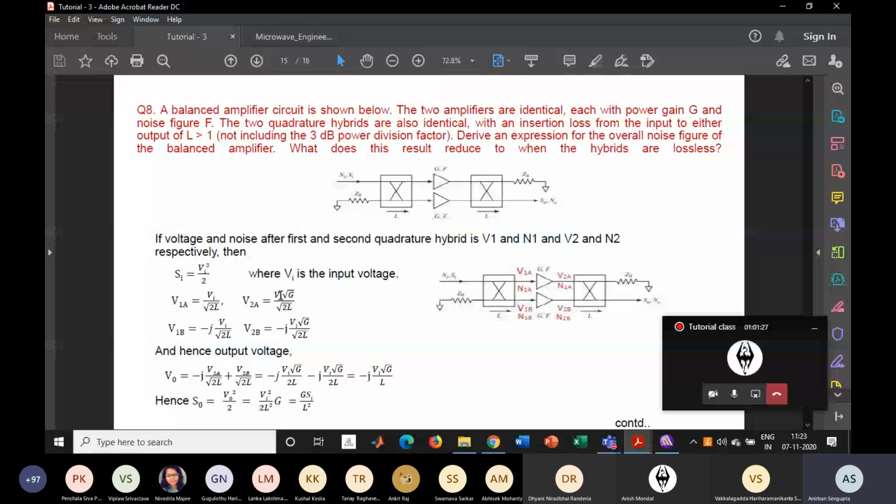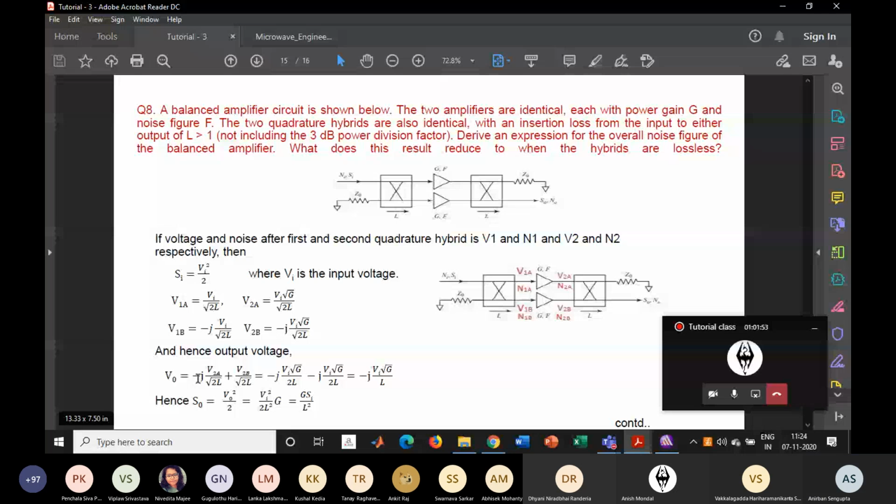Hence the output voltage is, because all the outputs are coming at this point, if I consider these two equations, V naught is minus j V2A by root 2L, this port coming here, and for V2B there will be no phase lag ideally, V2B by root 2L.